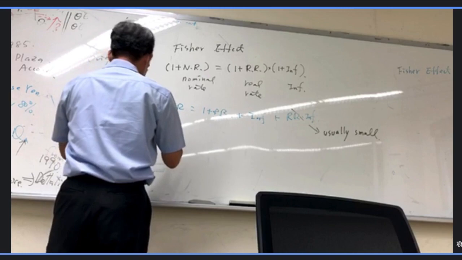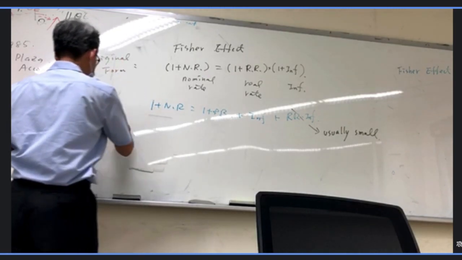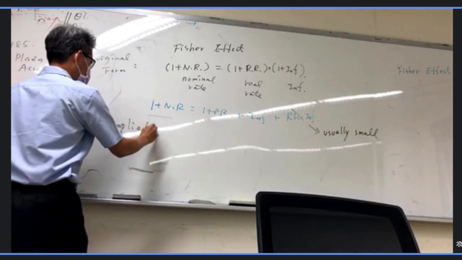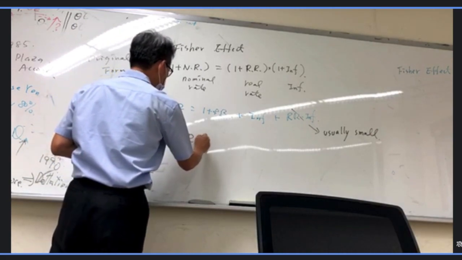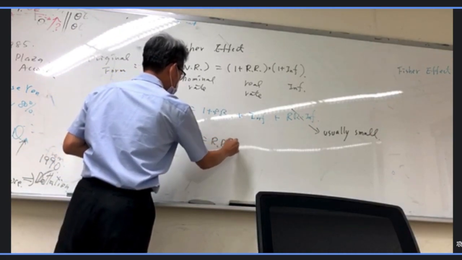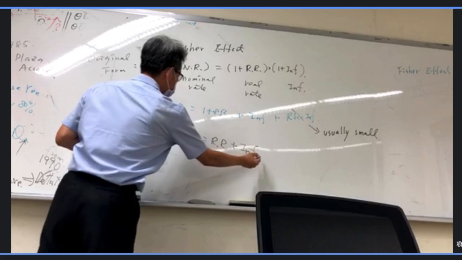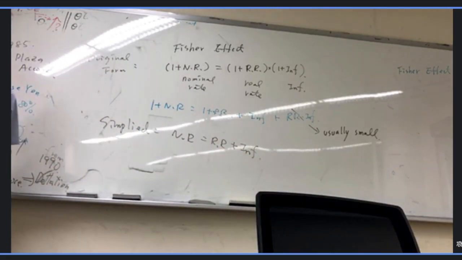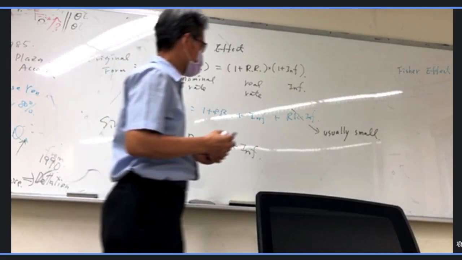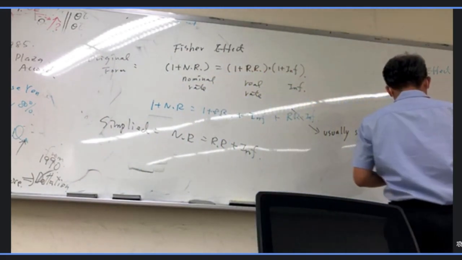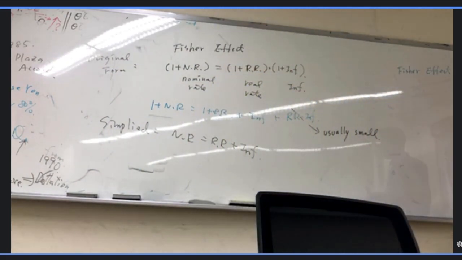So we can find the simplified form, which is nominal rate equals real rate plus inflation. Okay? But let me give you an example, so you won't always just look at the simplified form.